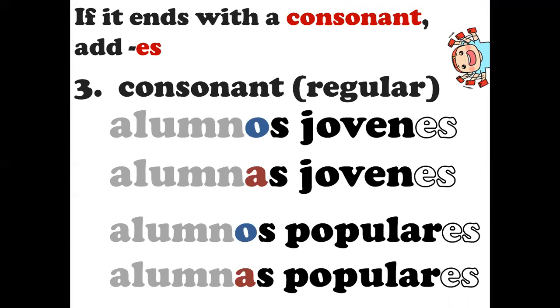All right, alumnos jóvenes, alumnas jóvenes. This applies to the adjective, not the noun. The noun is following its own rule, and the adjective is mirroring. So alumnos jóvenes. If alumnos buenos follows that rule, the OS, then alumnos jóvenes, alumnas jóvenes.